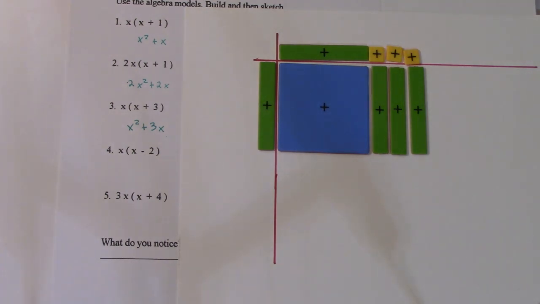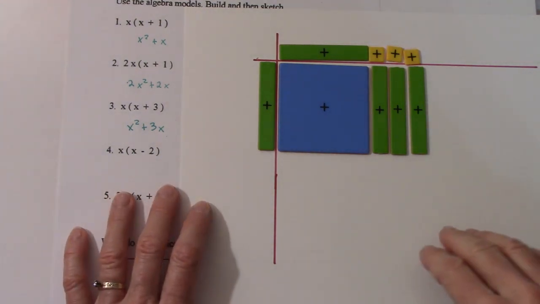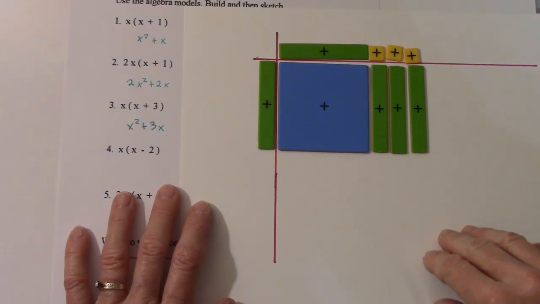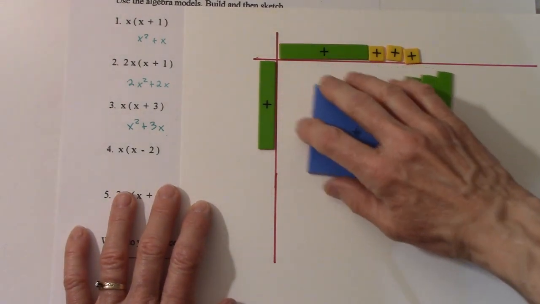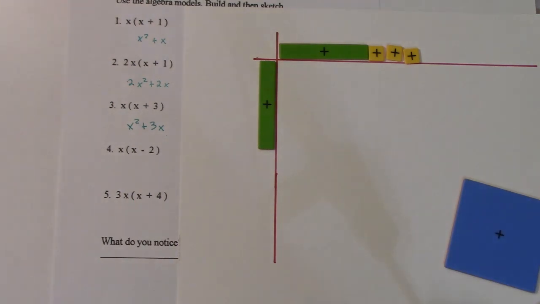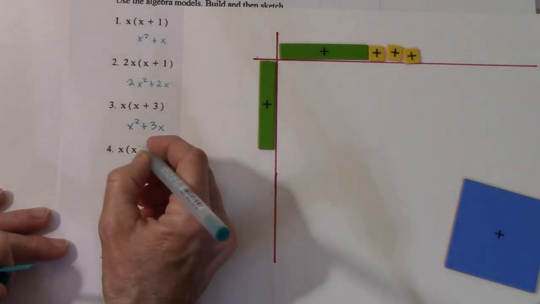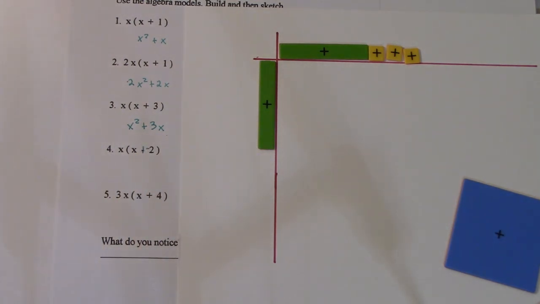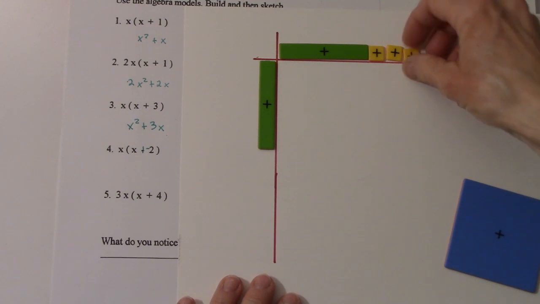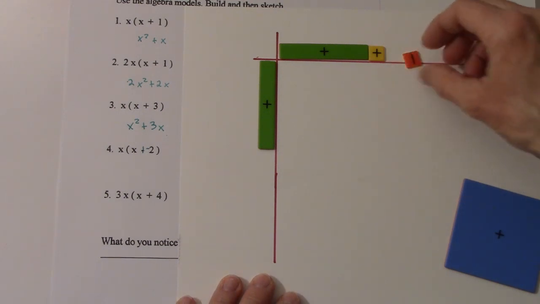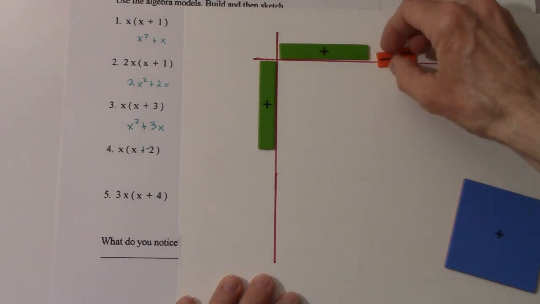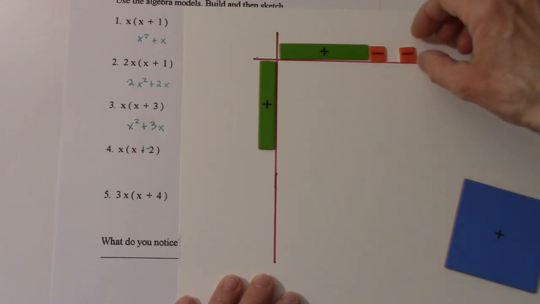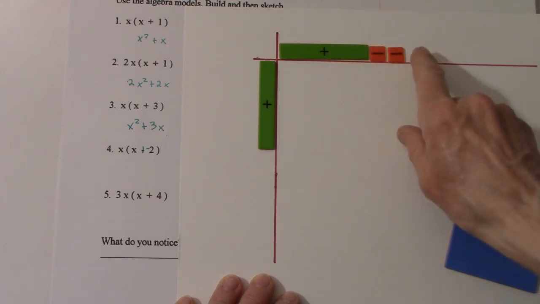Okay, the next example, we have x times the quantity x minus 2. So I need to, first of all, change this to plus a negative 2, because I can't subtract. So here's my x plus a negative 2.